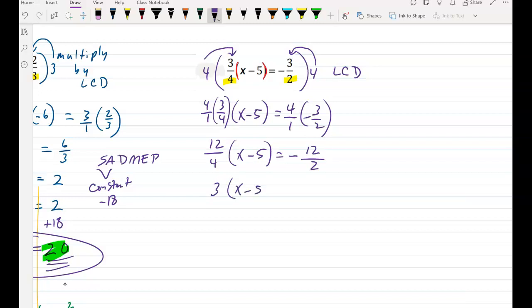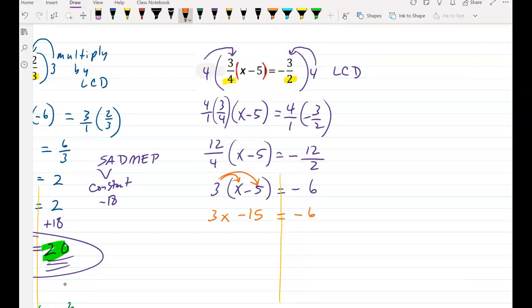And we keep the x minus 5 in parentheses. And this is negative 12 over 2, and that's 6. Now we can start to solve. We'll do the distribution here. 3 times x is 3x. 3 times negative 5 is negative 15 equals negative 6.